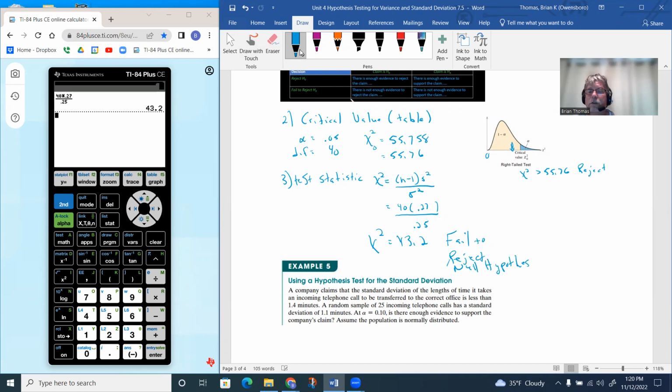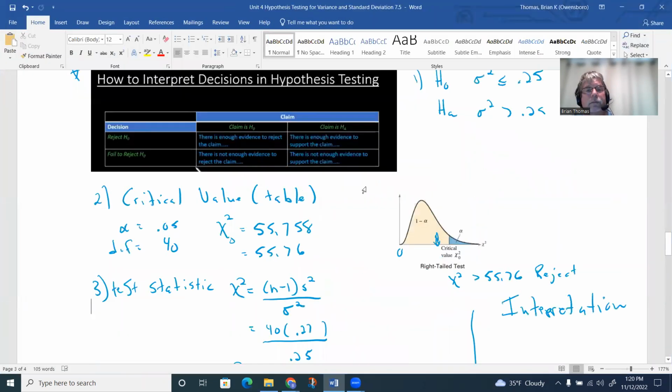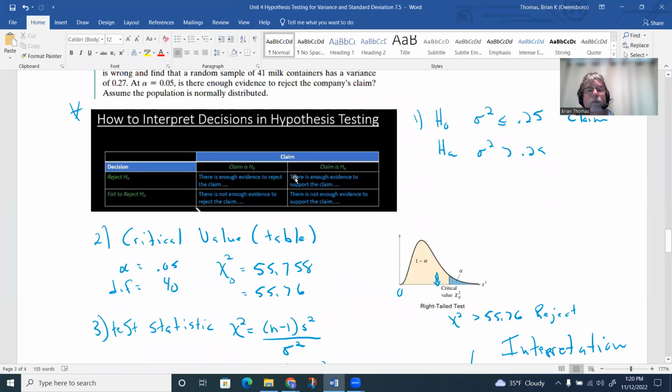Then it comes to our interpretation. What's our conclusion? One thing we pick up in our table here is that when it comes to the claim, we're going to use reject.